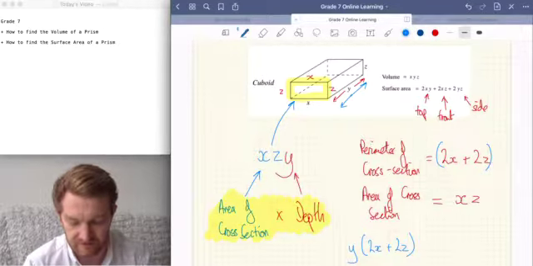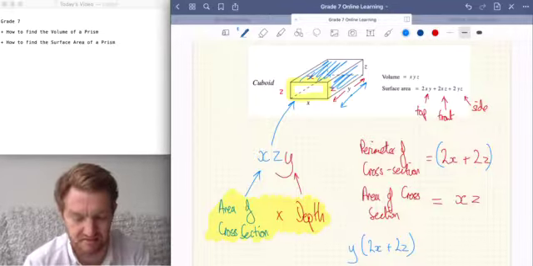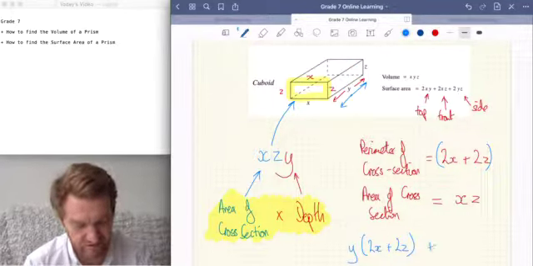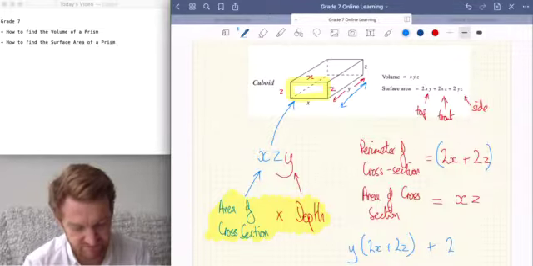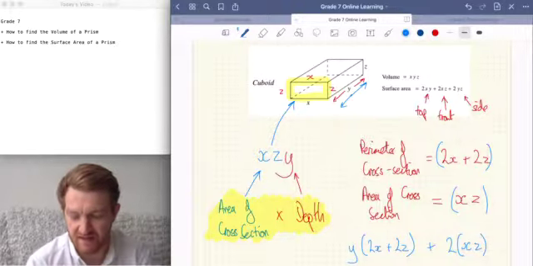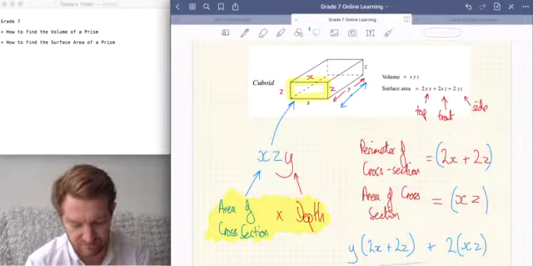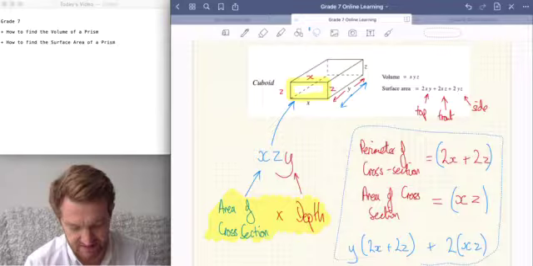That would give us the central bit, this bit here and here in the middle. But we'd also need the bits in the front and the back. We'd need 2 of those because there's 2 of each, which is this here. If we were to multiply that out, then that would also give us the surface area of 2xy, 2yz, and 2xz.